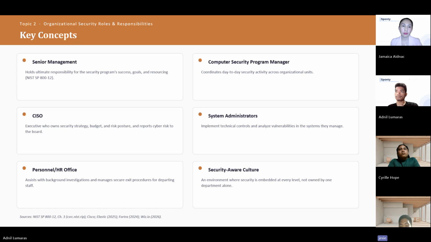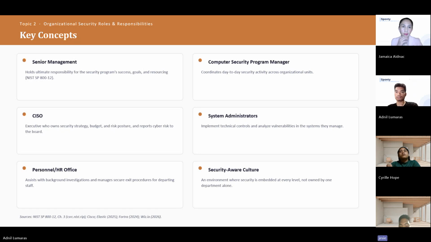NIST guidance notes that system administrators must stay familiar with the security technology relevant to their own systems and analyze technical vulnerabilities as part of their normal duties. Security in this sense is built into their job description rather than treated as a separate task.